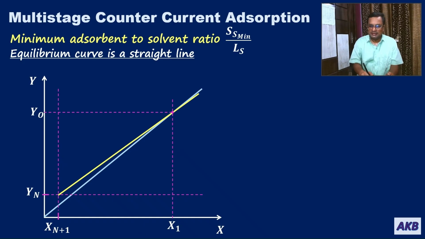This is point Q and this is point P. When the equilibrium curve is a straight line, point P will be the pinch point. Point P has coordinates x1, y0, which represents the left end, the concentrated end of the cascade. So if the equilibrium curve is a straight line, the pinch point will be located there.